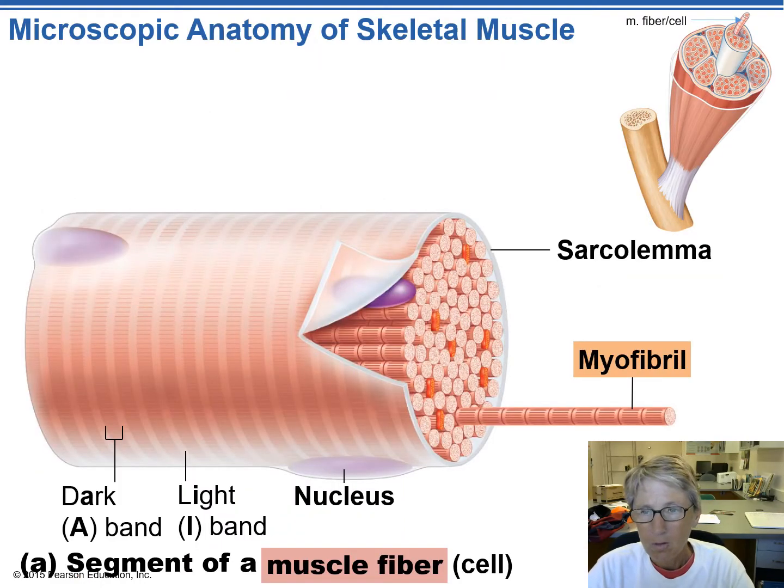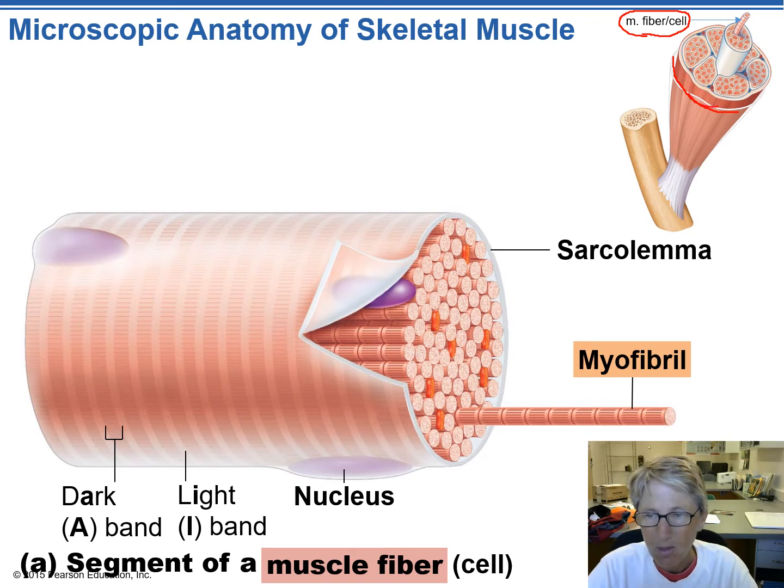So if we look at the top right-hand corner of this slide, I've written M dot, or M period, that means muscle. So I'm going to abbreviate that: muscle fiber or a muscle cell. Remember, we talked about this in the last lecture. You have the epimysium, and then the perimysium and the endomysium.